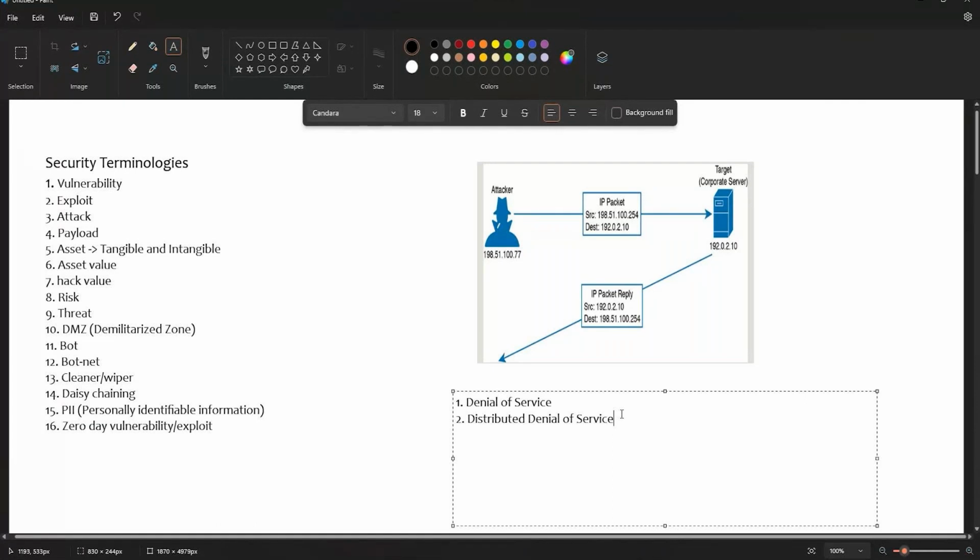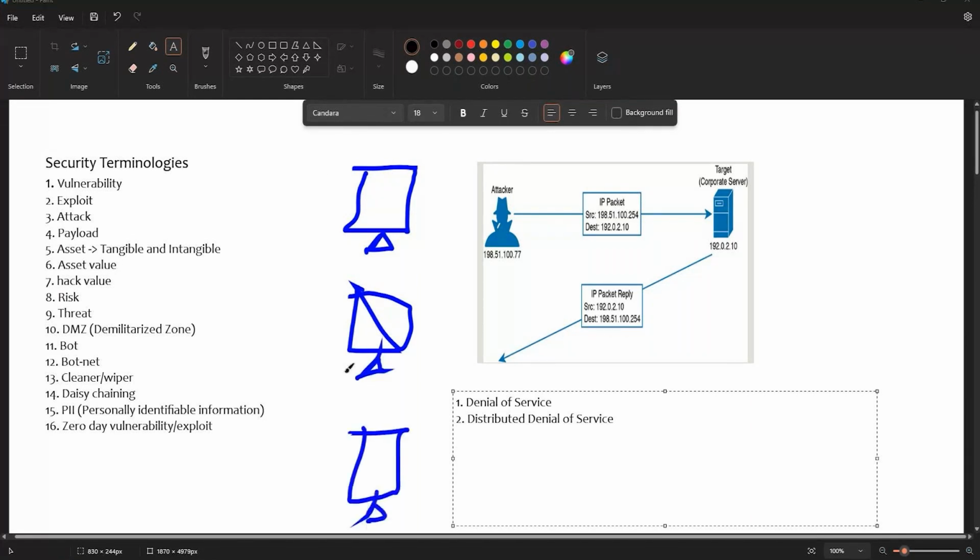So in distributed denial of service, what happens? Attackers take access of multiple systems, right? This is one system, this is second, third, and thousands of systems they are taking access of. You don't even know if your device is being used in an attack or not.